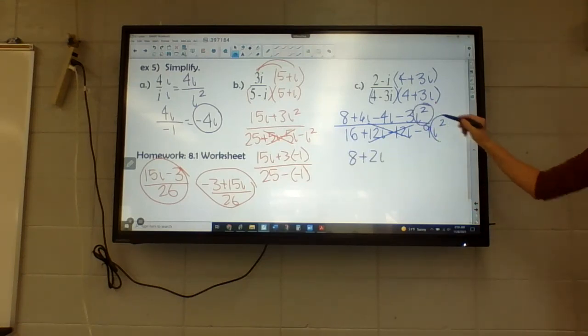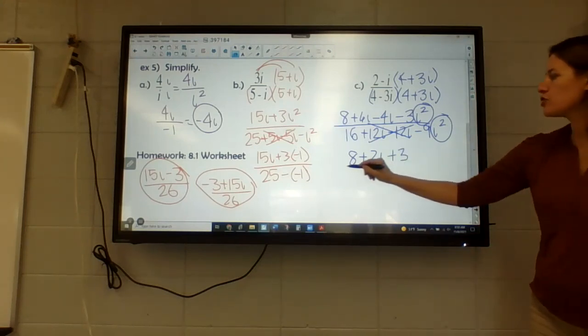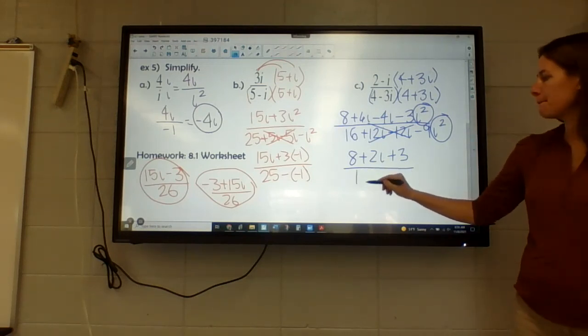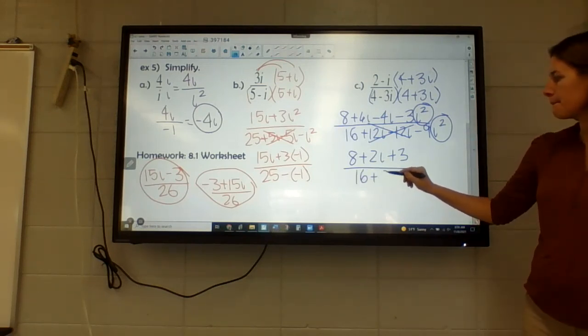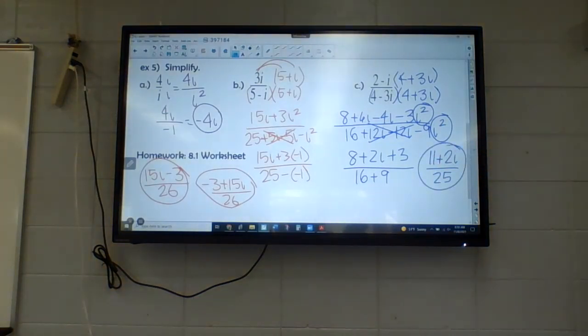Remember, i squared is going to be -1. So it basically just changes the sign of that coefficient. And so we no longer have an i in the denominator, which we wanted.